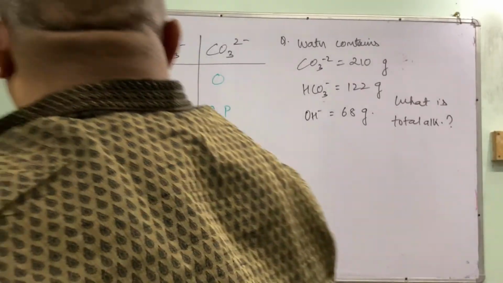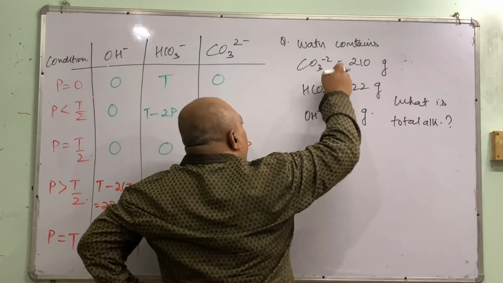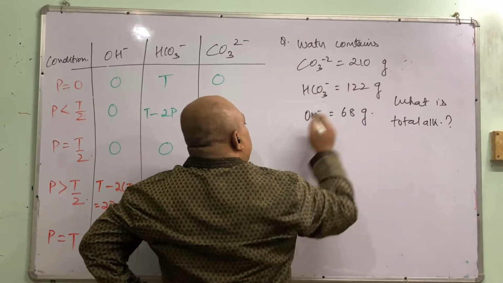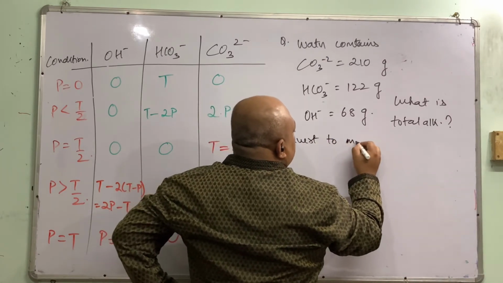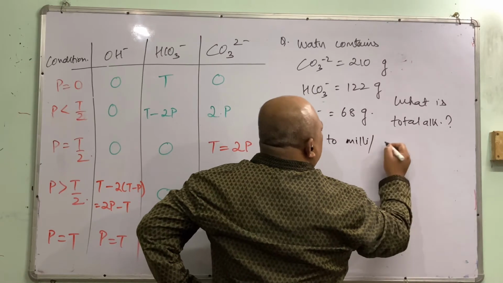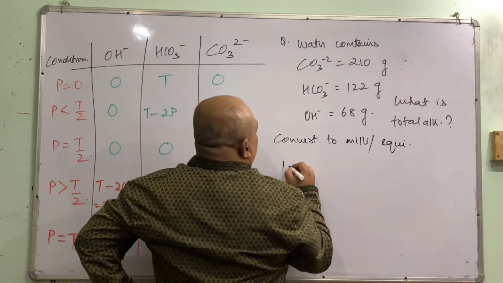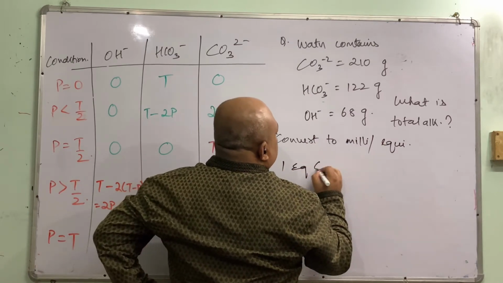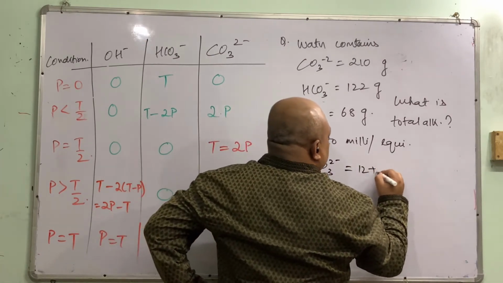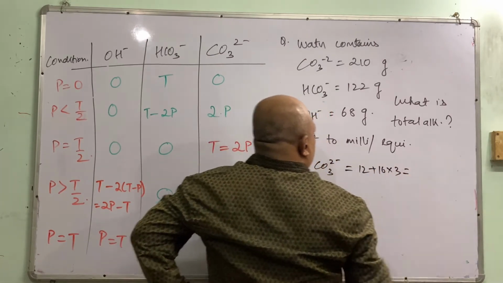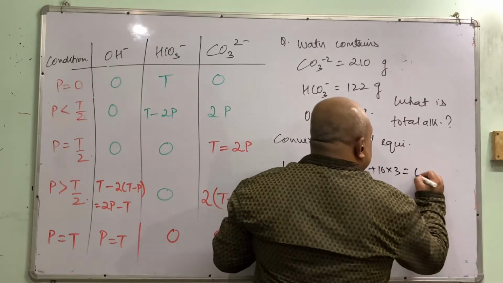So you see over here, CO3 is 210. Now, if you want to mix these three together, you have to convert into milli equivalent. So 1 equivalent of CO3 2 minus is 12 plus 16 into 3, which is 60 gram.